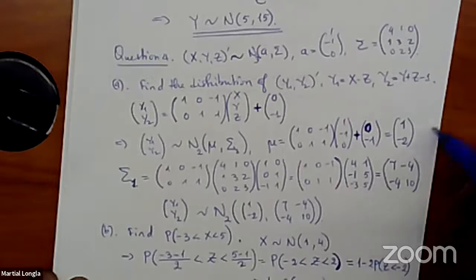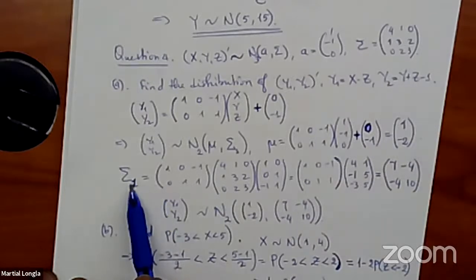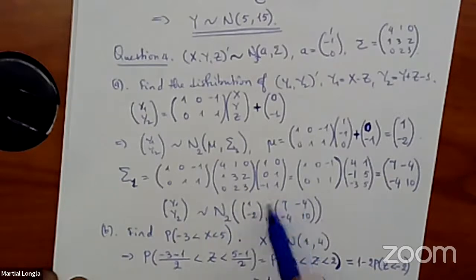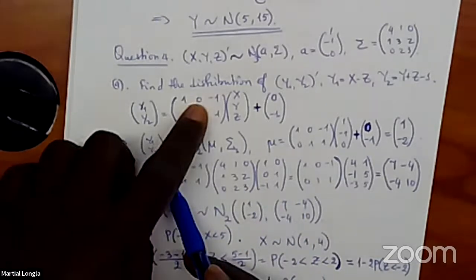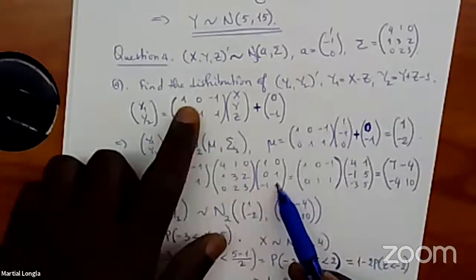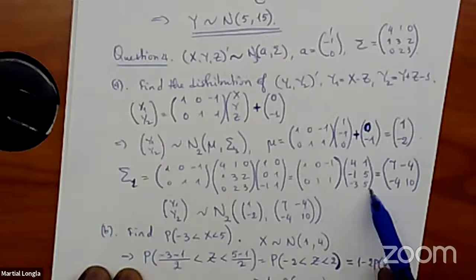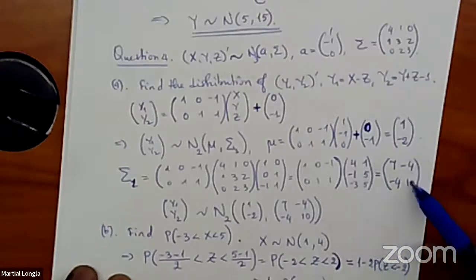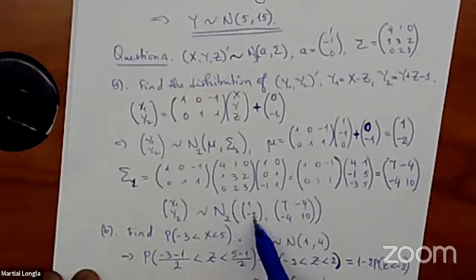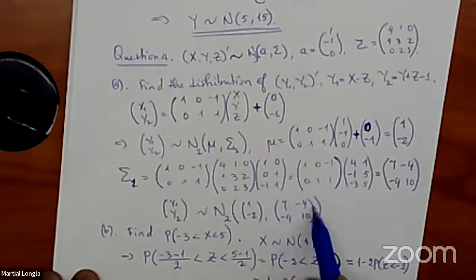So you get 1, -2, and then sigma 1 is equal to A sigma A transpose. So you write that formula there, the matrix sigma from there, and the transpose of that, and then you multiply these matrices. When you do that, you obtain 7, 10, -4, -4. So Y1, Y2 follows normal 2 with mean 1, -1, and variance matrix 7, -4, -4, 10.